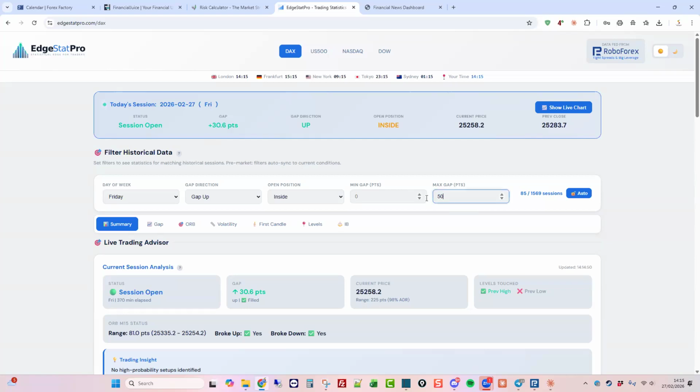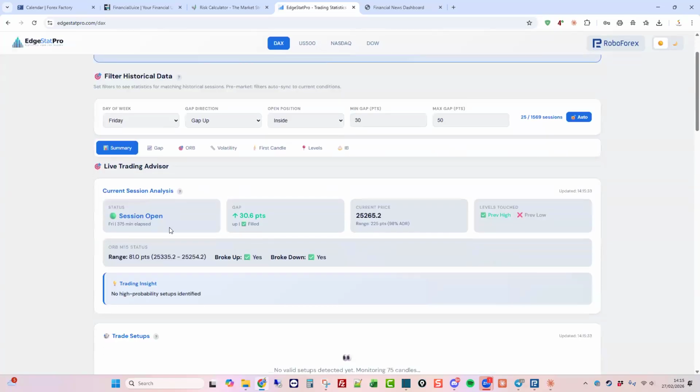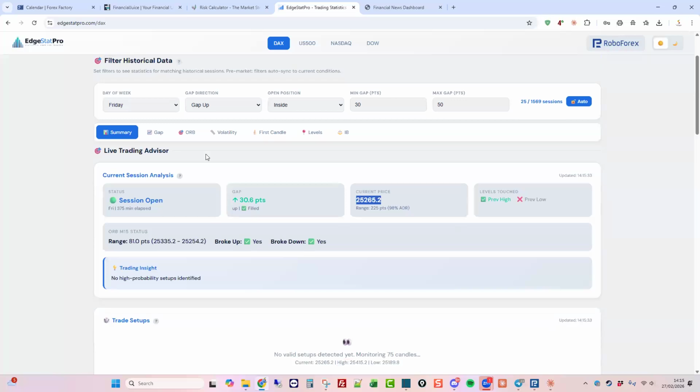You could move that down, but you're going to get less sessions. So somewhere between 0 to 50, you probably want to put 30 in, I guess. 25 sessions. So we've got 25 sessions to look at there. It gives you the basic statistics here of what's happening, where the current price is, the previous high, have we touched it, have we touched the previous low, the ranges, all that sort of stuff.